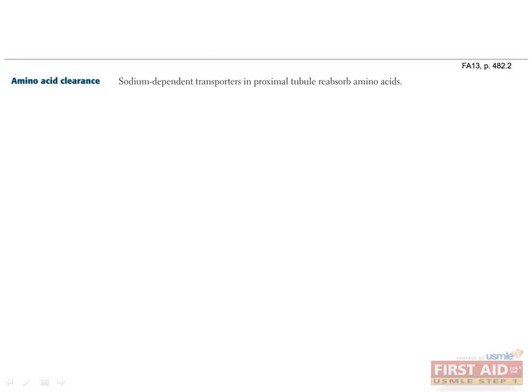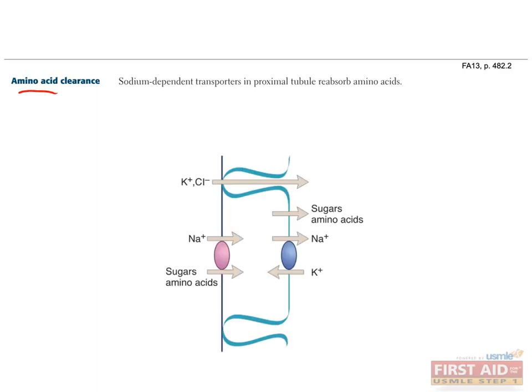The second important substance to understand is amino acids. Normally, these are small enough to be freely filtered through the glomerulus, but then they are completely reabsorbed by cotransport with sodium. There really shouldn't ever be amino acids detected in the urine, and if there are, it's a sign that there might be some genetic deficiency in amino acid reabsorption.